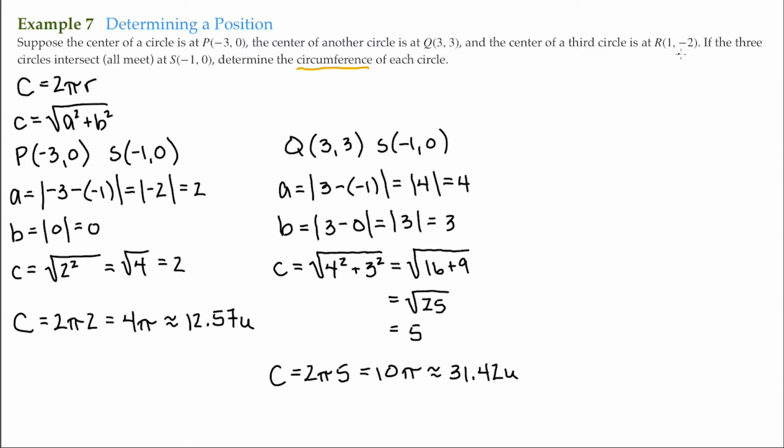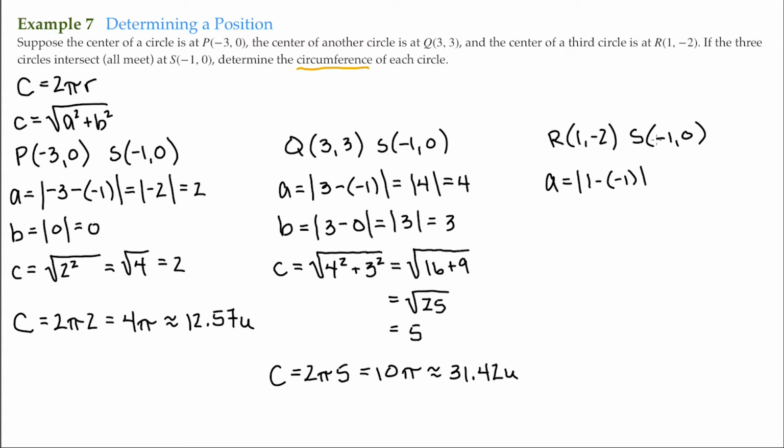And of course, we do it for the last one here. We have a center at R, which is at 1 and -2. And it shares the same endpoint, S at -1 and 0. A again is the absolute value of the difference of the x-coordinates. That's 1 minus -1.